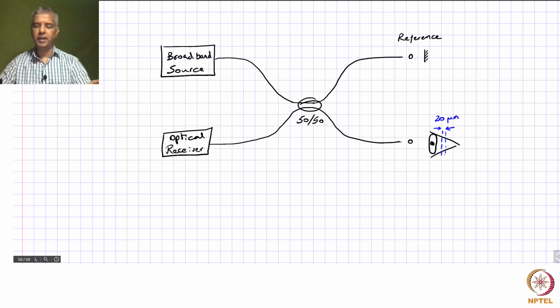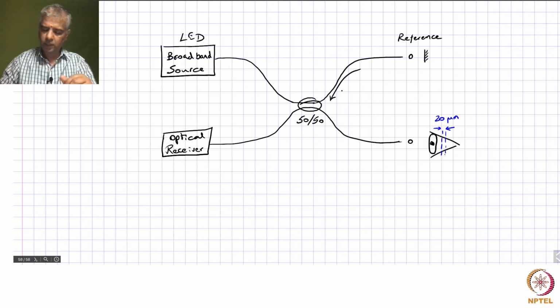If you use an LED with a coherence length of 20 microns, what that means is for path length differences within 20 microns only we will be able to pick up interference, right? Outside of that, our optical receiver does not recognize that these two waves are coming from the same source, so it does not produce an interference fringe.